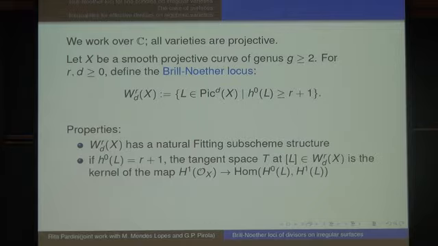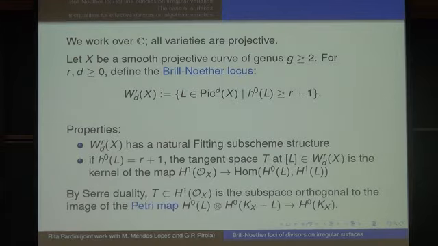And I've written it like this also because this is the formulation that extends immediately to higher dimension. But you can reinterpret this in the case of curves by using Serre duality. Dually you have the so-called Petri map from H0 of L tensor H0 of K_X minus L into H0 of K_X.